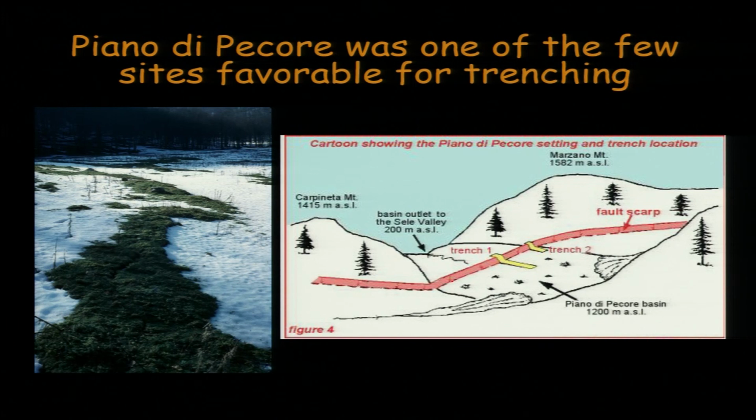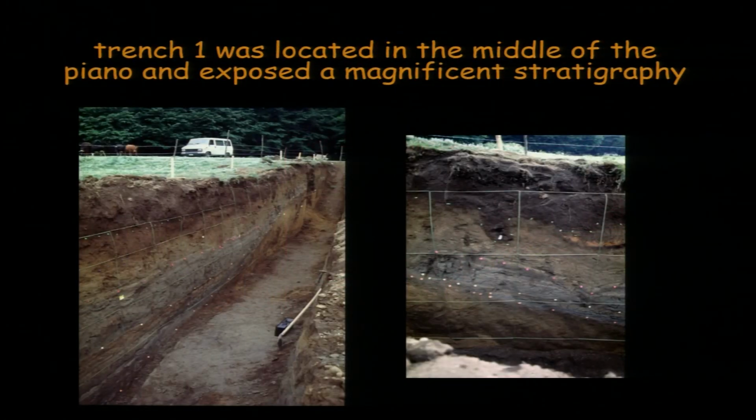So, that is what they identified for paleoseismic studies, and these were the trenches which were opened, which clearly show this previous scarp here, and then you have the present one seen here, okay, and the fault runs somewhere over here. So, the close-up of that has been shown here. Trench 1 was located in the middle of the area and exposed magnificent stratigraphy.